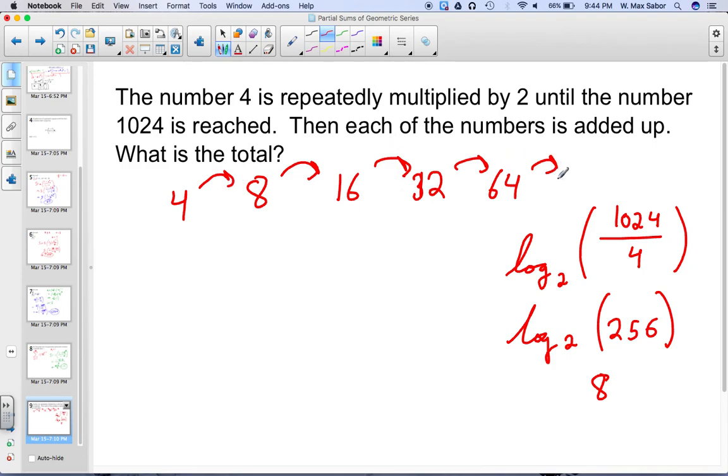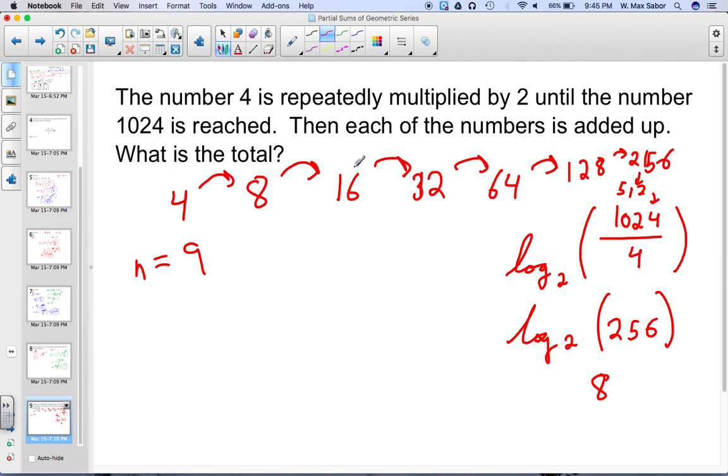That's how many times we're multiplying, which means we need to add 1 in order to figure out how many numbers are being multiplied, or will be added. So n equals 9. Or you could continue this process and say, well, we have 128, then 256, then 512, and then 1024.